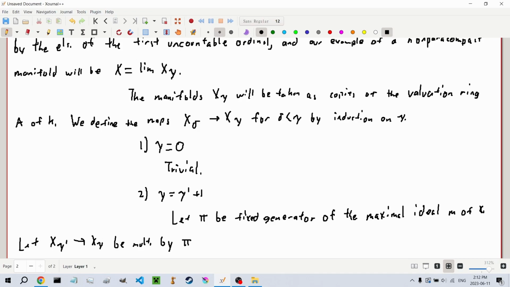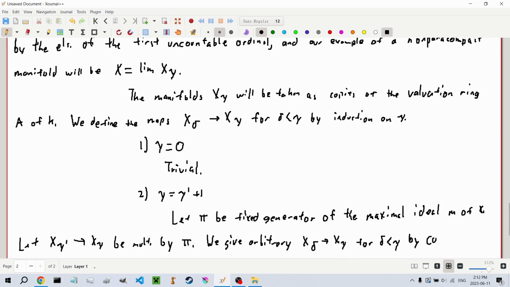And then of course we give arbitrary maps from x delta to x gamma for delta less than gamma by composition.